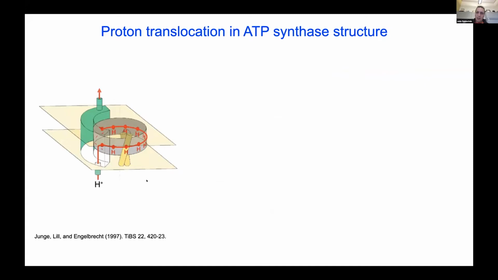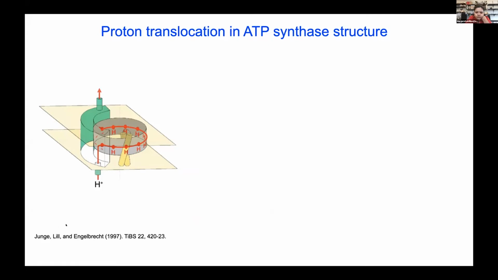Up until this point, we didn't have this pair of structures, I should say, because up until this point, we didn't have any chemical resolution insight into what was going on in the membrane regions of these ATP synthases. We knew from really ingenious speculation from Wolfgang Junge and Stephan Vik, who, in the absence of any structural data, had postulated the mechanism by which an ATP synthase can convert transmembrane proton translocation into rotation.